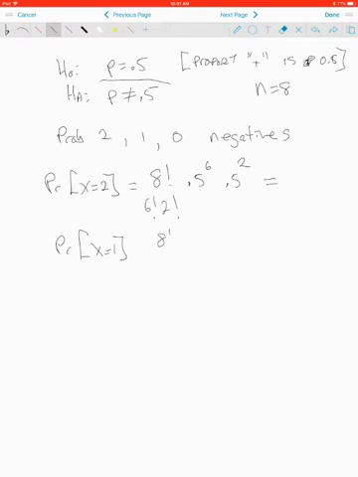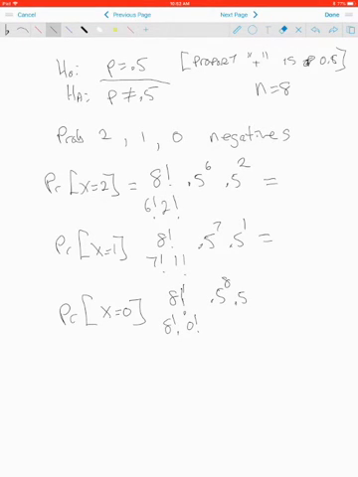This is 8 factorial over 7 factorial, 1 factorial, times 0.5 to the 7, 0.5 to the 1. And finally, the probability of getting no negatives, 8 factorial over 8 factorial, 0 factorial, times 0.5 to the 8, 0.5 to the 0.